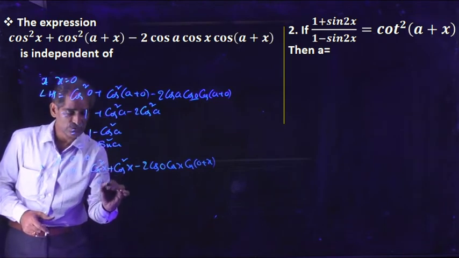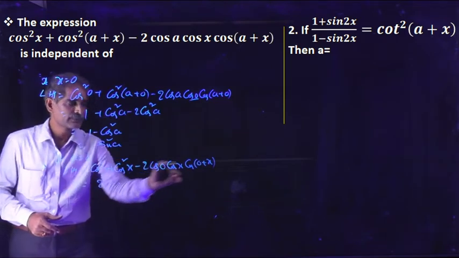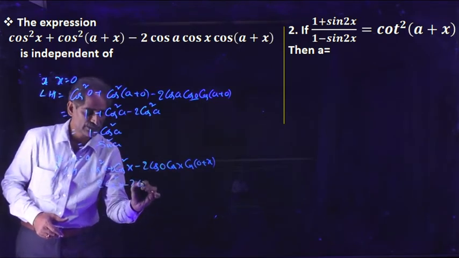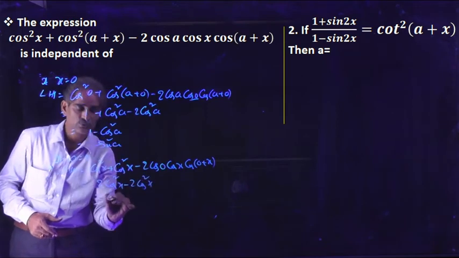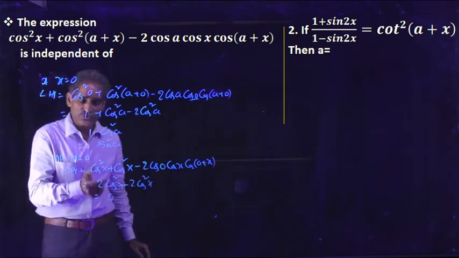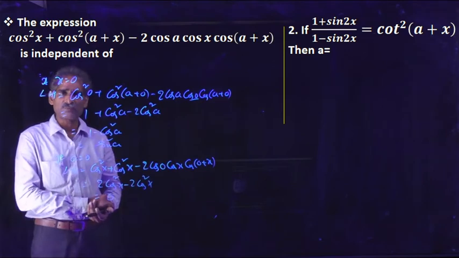Here 2 cos square x minus 2 cos square x is equal to 0. If you take a equal to 0, we are getting a constant value, 0.